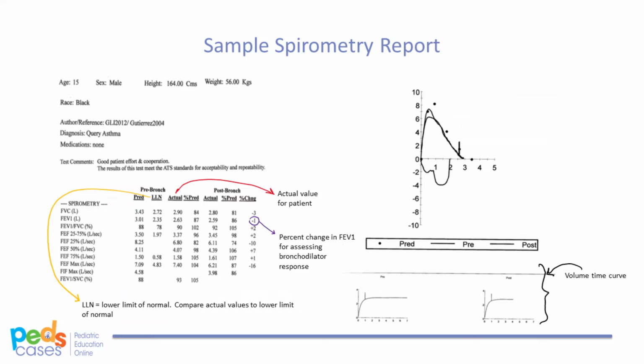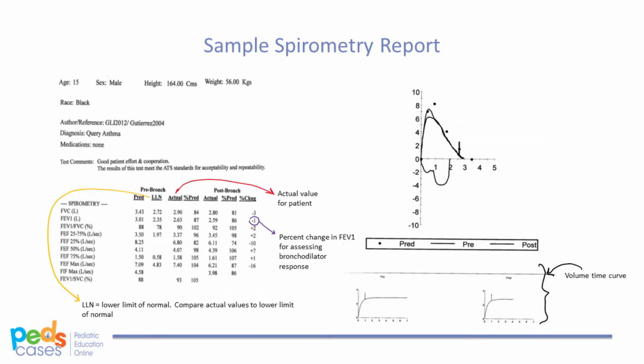I also look at the smoking and vaping status, if commented on. Of note, patients are told not to smoke, vape, or use a pipe in the 1 hour before testing. Then take a look at the technician's comments to get a sense of how well the test was performed. Young children are more likely to struggle with performing the test properly.